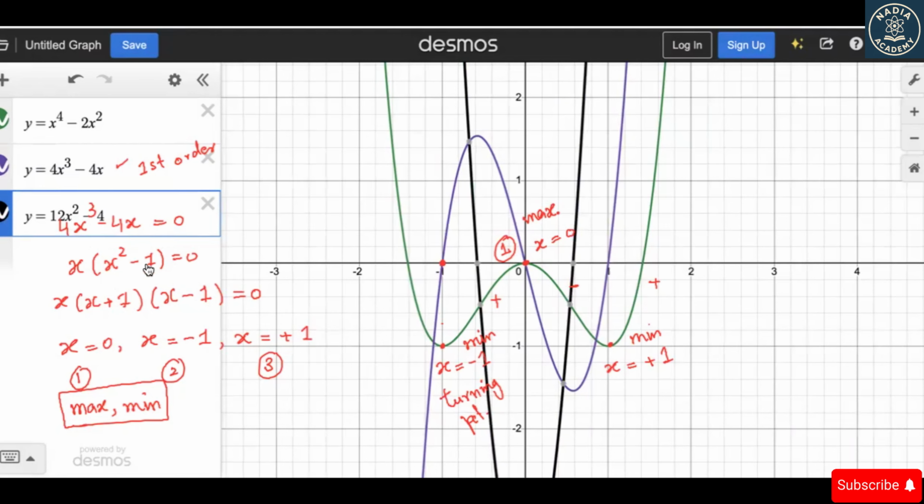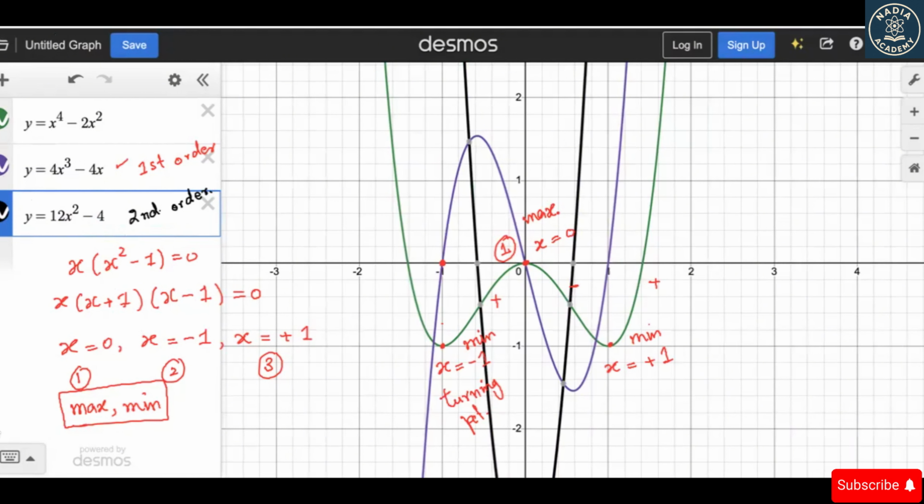So now you can see what is happening. Let me raise this much text over here. Here, this one that appears as a black graph is the second order derivative.